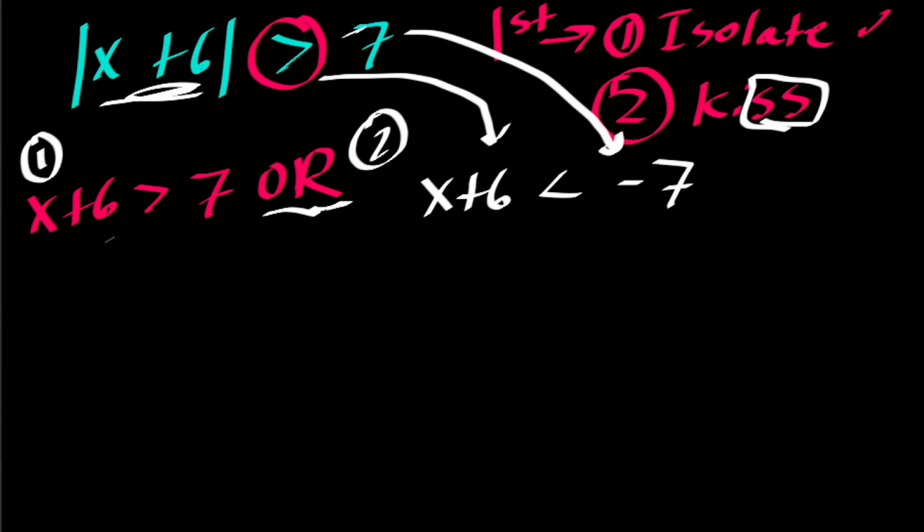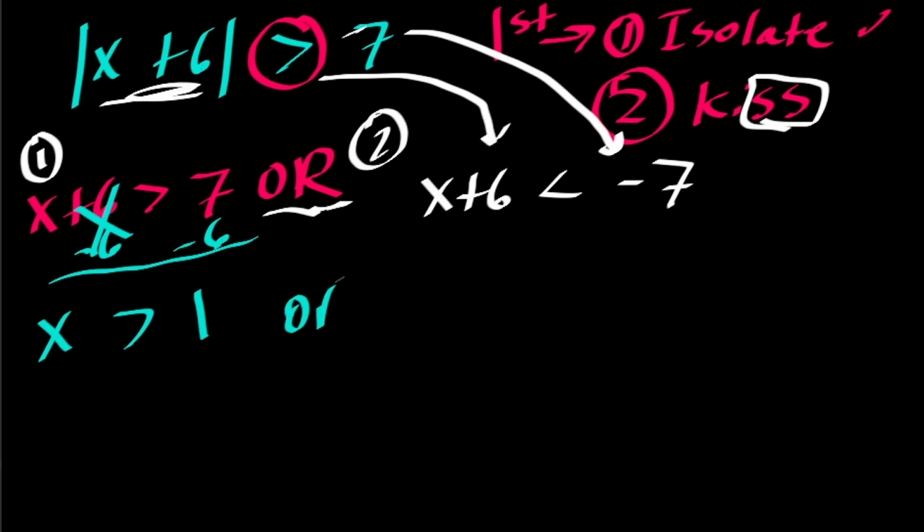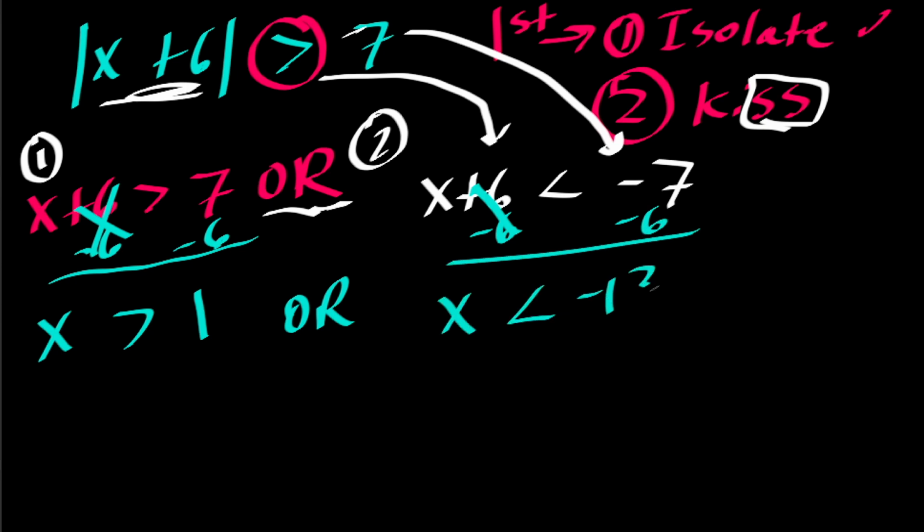If we want to solve case 1, we would say, okay, minus 6, so that we can get rid of that plus 6 and do the inverse operation. X is greater than 7 minus 6, which is 1. Or if we work the second case, subtract 6, x is less than negative 13.